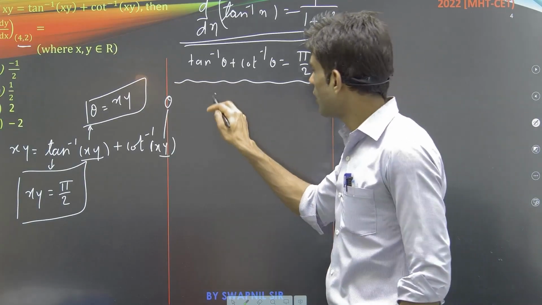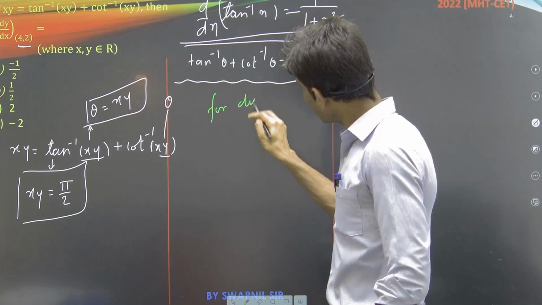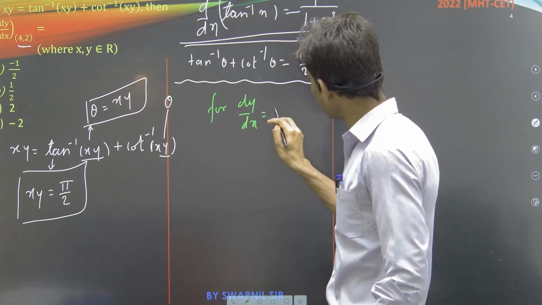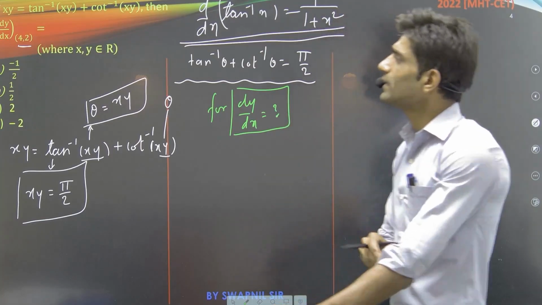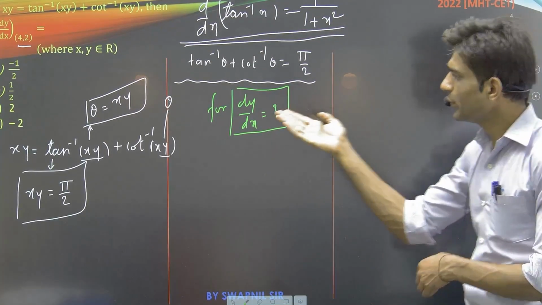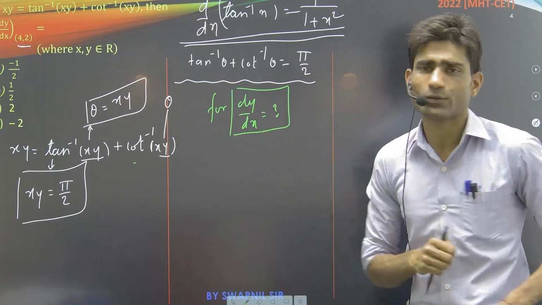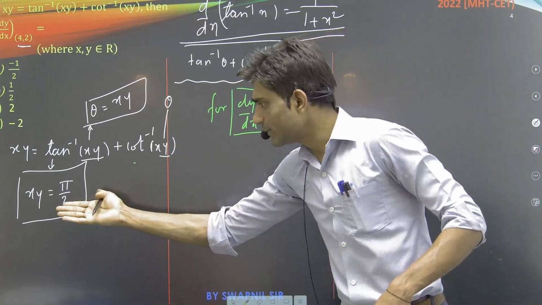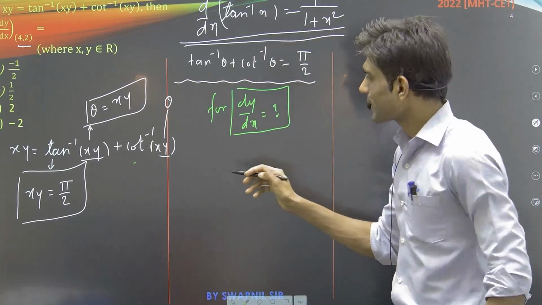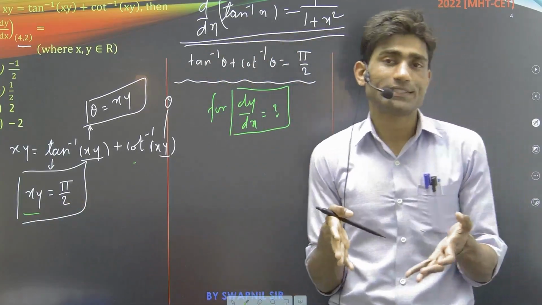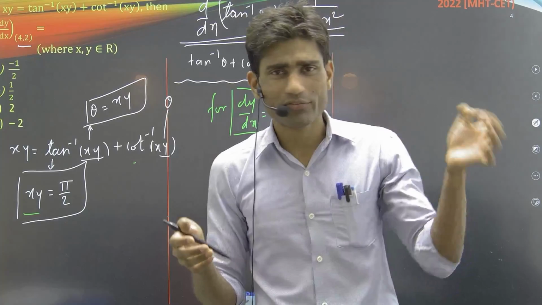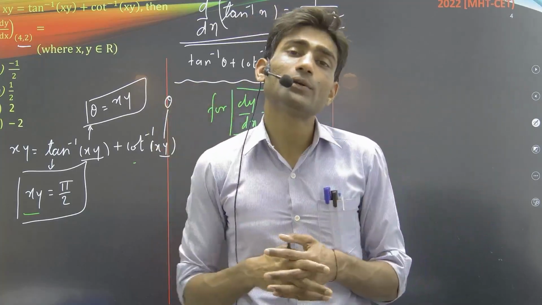For finding the value of dy by dx, we differentiate this function directly, which is xy equal to pi by 2. As we have x into y, these are two different functions.